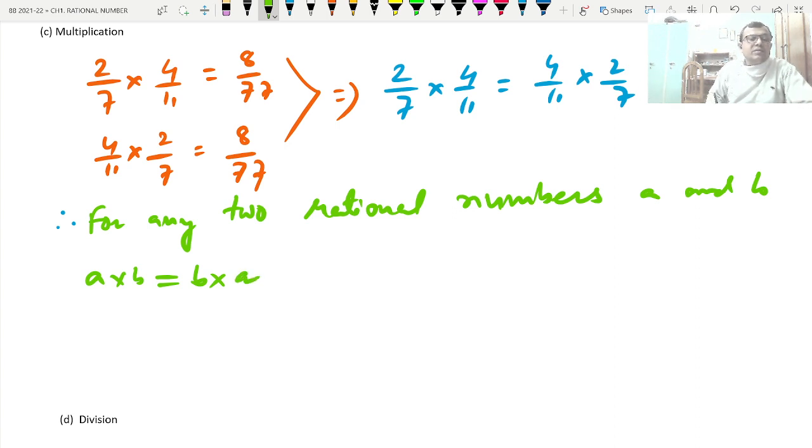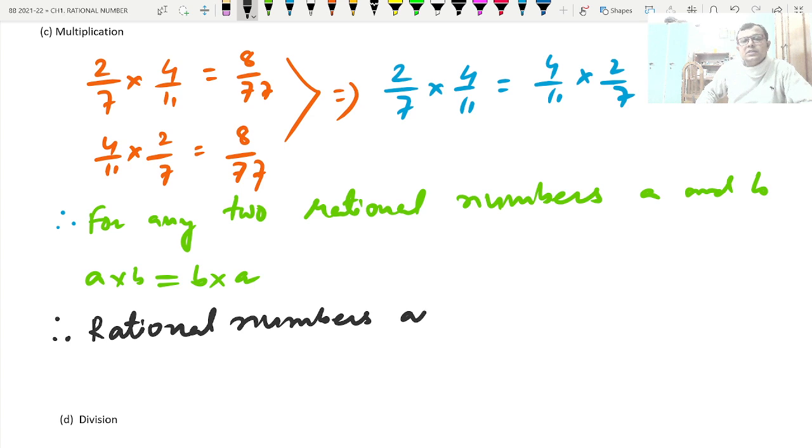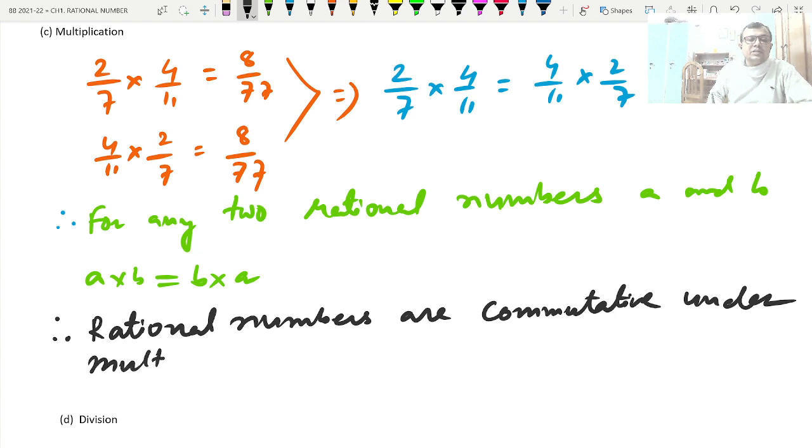Therefore, rational numbers are commutative under multiplication.